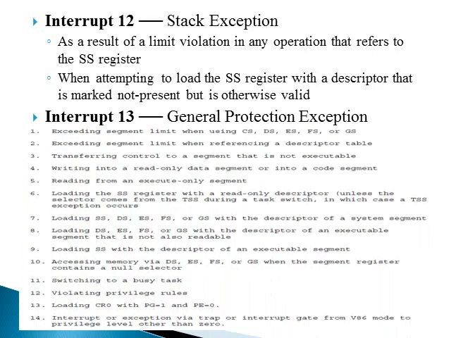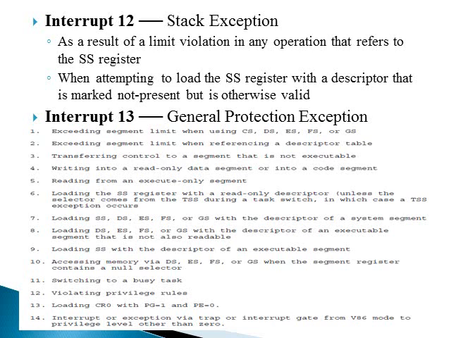There are different cases because of which this exception is reported, like exceeding the segment limit when using the segment registers, exceeding the segment limit when referencing a descriptor table, transferring control to a segment that is not executable, writing into a read-only data segment or into a code segment, reading from an execute-only segment, loading the stack segment register with a read-only descriptor, loading the stack segment register with the descriptor of a system segment, loading the segment registers with the descriptor of an executable segment that is not also readable, loading the stack segment register with the descriptor of an executable segment, and accessing memory via segment registers which contain a null selector.